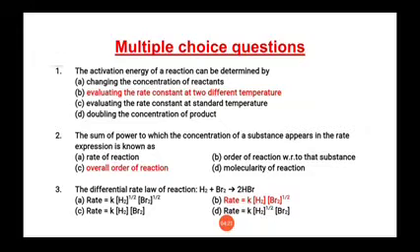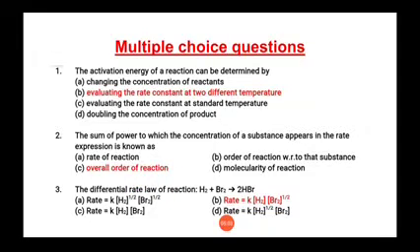I am giving you one example, a simple reaction H2 plus I2 gives 2HI. The differential rate law for this reaction can be written as minus d[H2] by dt is equal to k into [H2] raised to 1 into [I2] raised to 1. Here the order of reaction is the sum of powers of reactants, so it is 1 plus 1, that is equal to 2. It is known as overall order of reaction. So for question number 2, our answer is overall order of reaction.